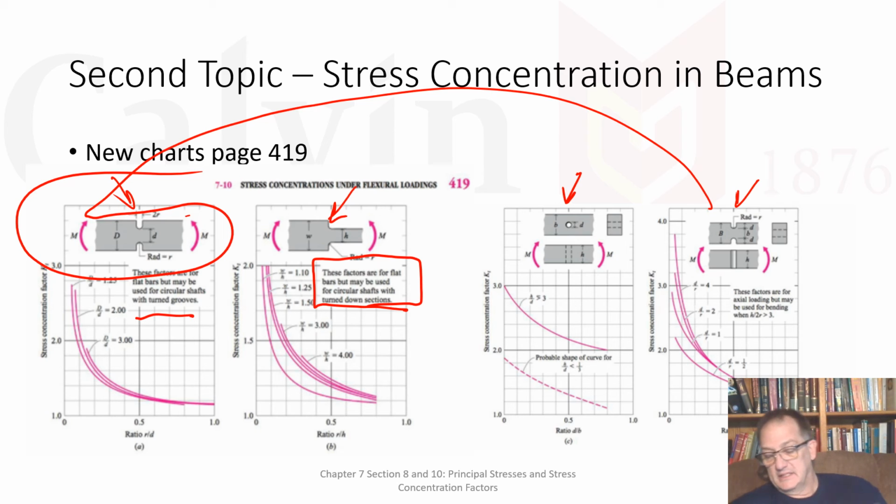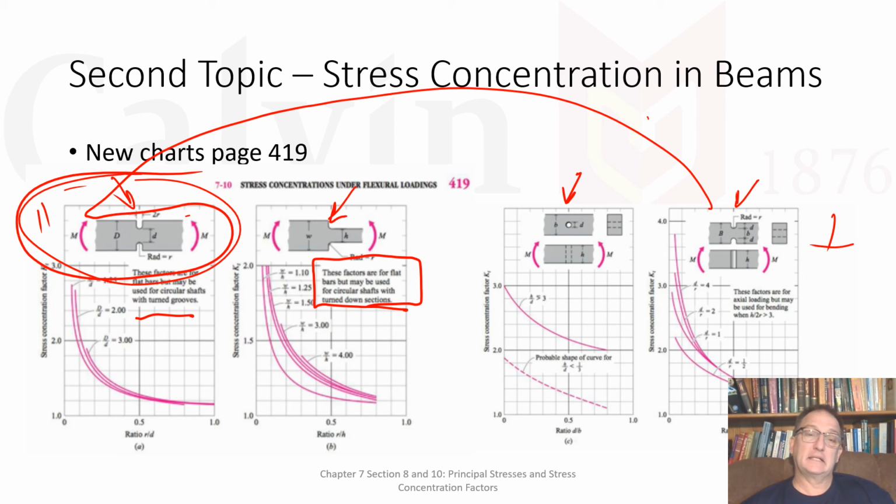Oh yeah, it is. They're loading that 90 degrees from how they're loading this one. This is perpendicular and this is, I'll say, parallel, but that's not quite the right way of thinking about it. Anyway, those shouldn't take you by surprise. I have not assigned any homework problems on these because you do the calculation, you look up your stress concentration factor. It's fairly straightforward.